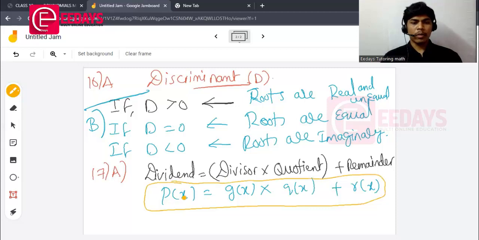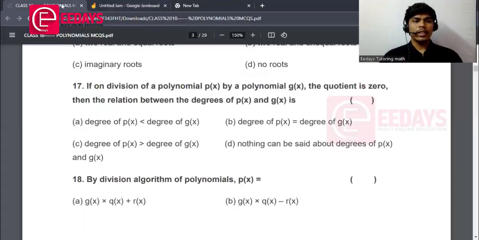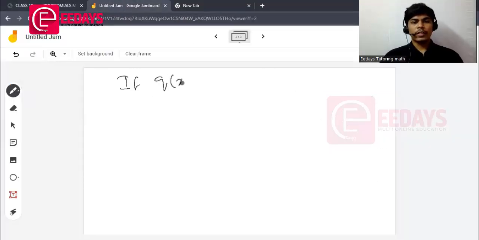Take notes of every important point I'm saying here. If q of x is equal to 0, then r of x is also 0. I'm writing here. If they said in the question the quotient is 0, if q of x is equal to 0, then r of x is equal to 0.